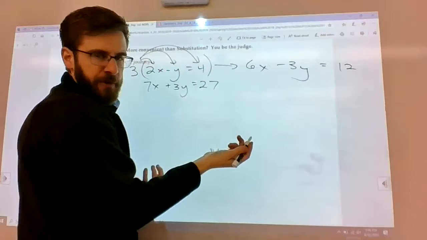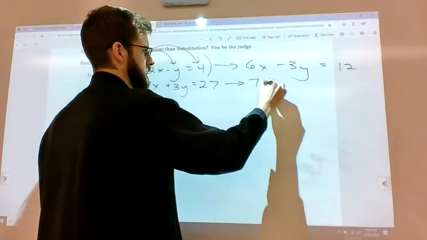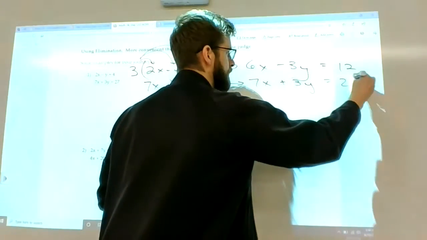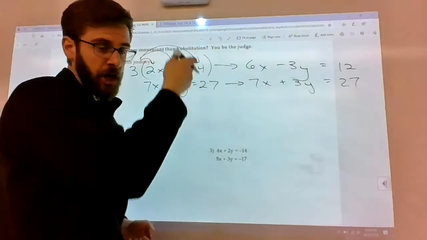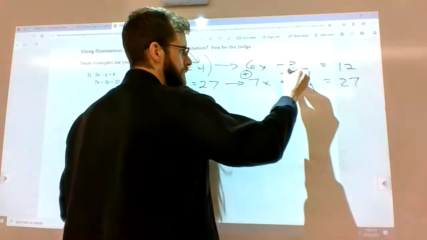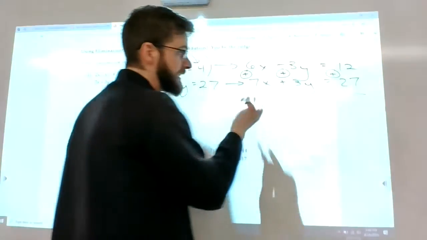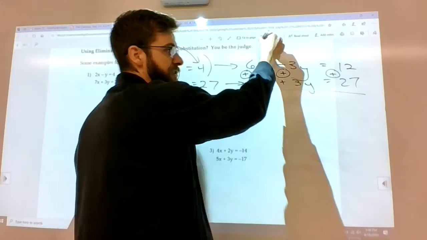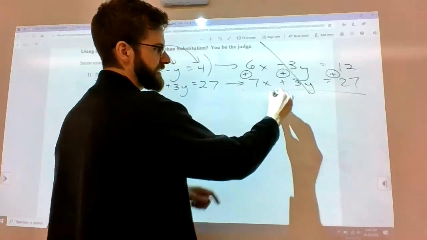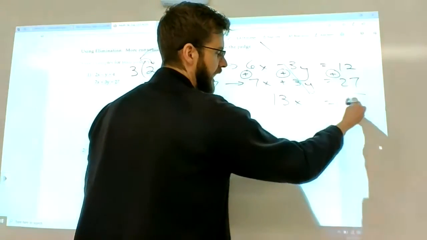And then the bottom can just be rewritten. Add each column, because that eliminates the y's, and negative 3 plus 3 is 0y. This gives you 13x. This gives you 39.